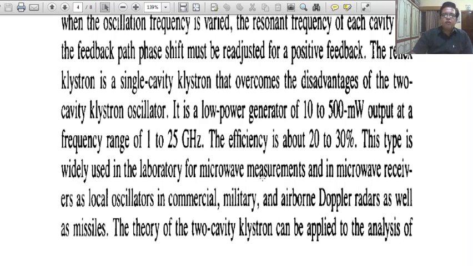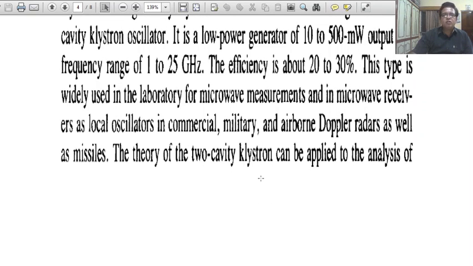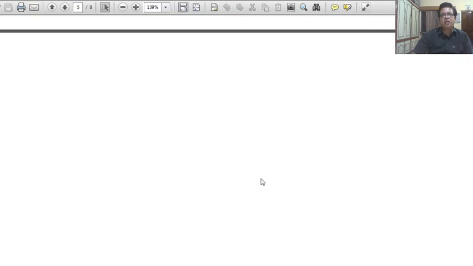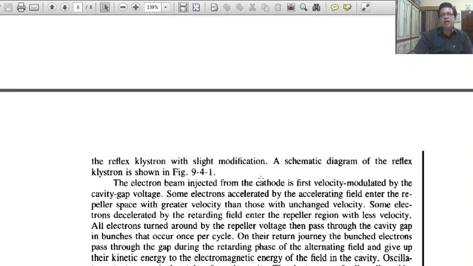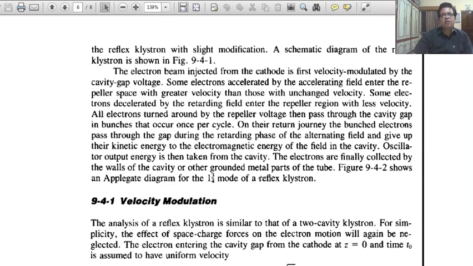The theory of the 2 cavity klystron can be applied to the analysis of the reflex klystron also. The fundamental is the same: velocity modulation and current modulation with slight modifications.